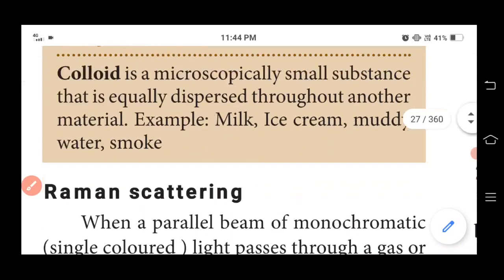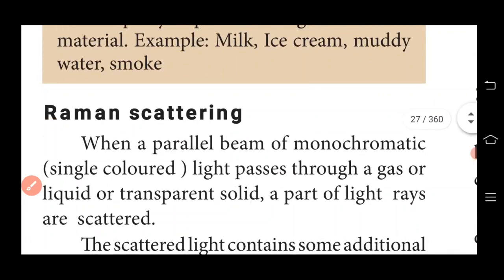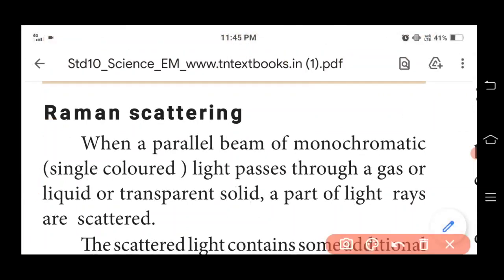Our next important topic is the Raman effect. The Raman effect is described as follows: when a parallel beam of monochromatic, meaning single colored, light passes through a gas, a liquid, or a transparent solid, we send it through a particular substance.